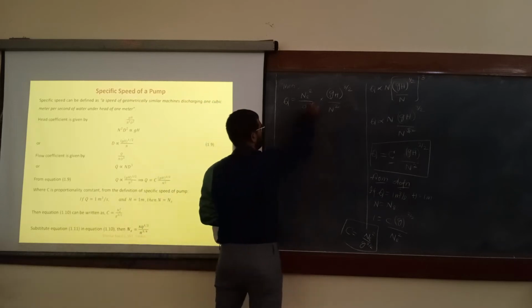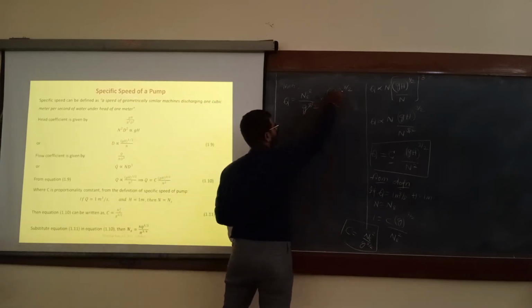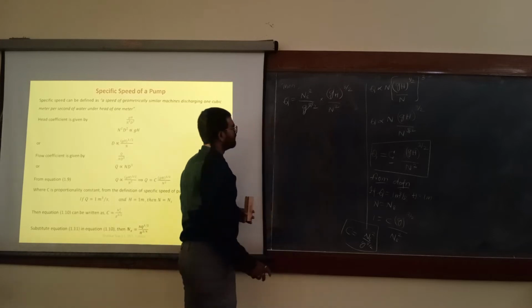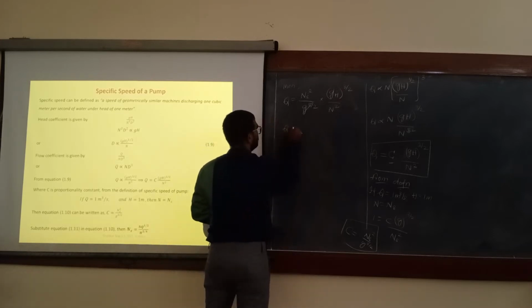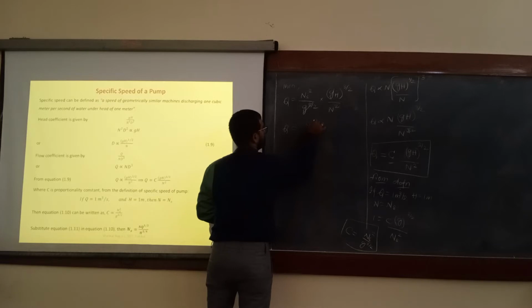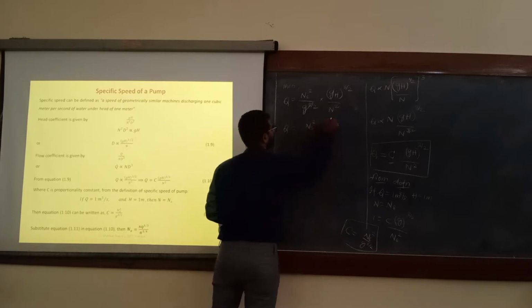Here G to the power of 3 by 2 will get cancelled. So what we have is Ns square H to the power of 3 by 2 by N square.